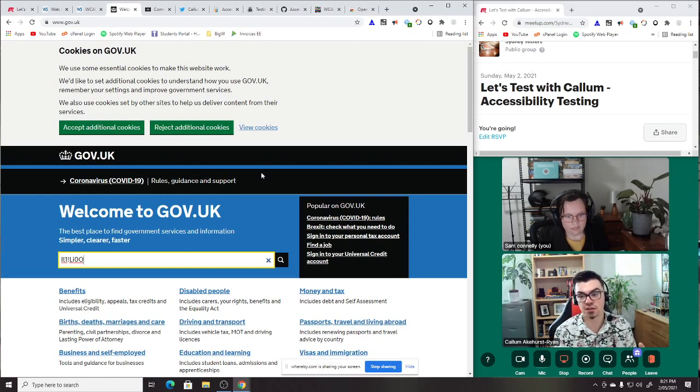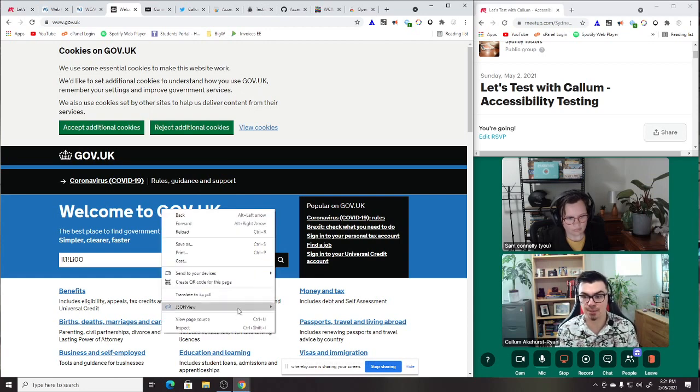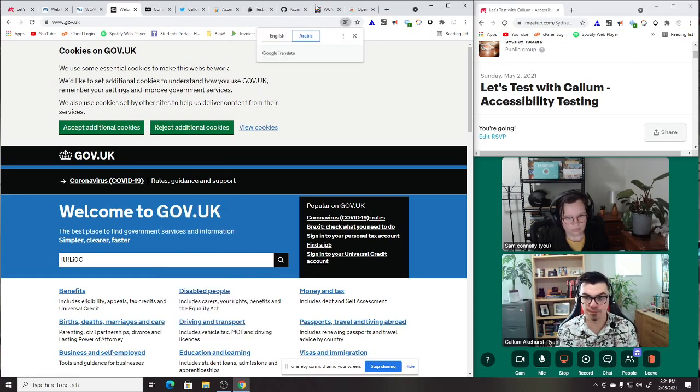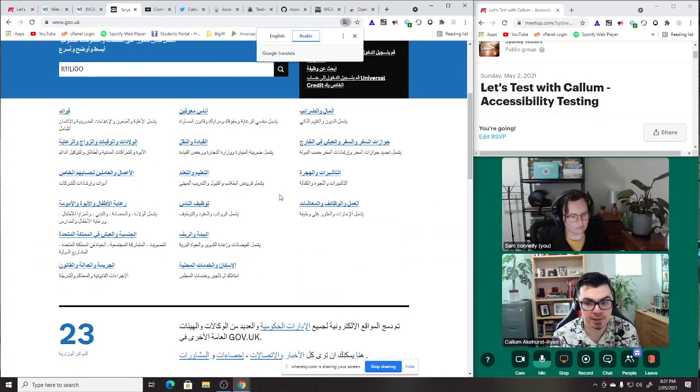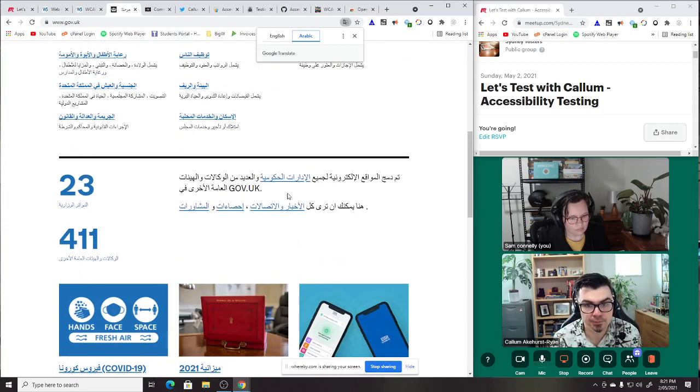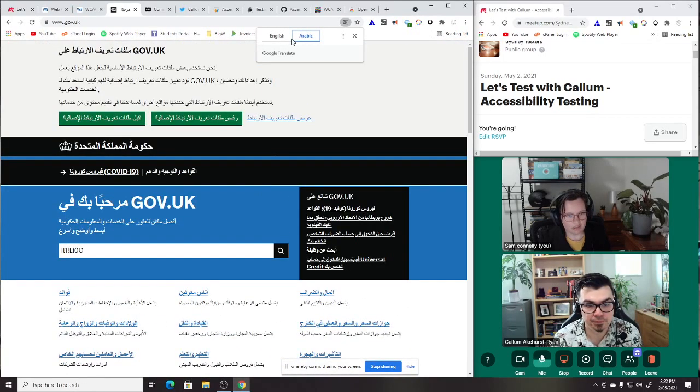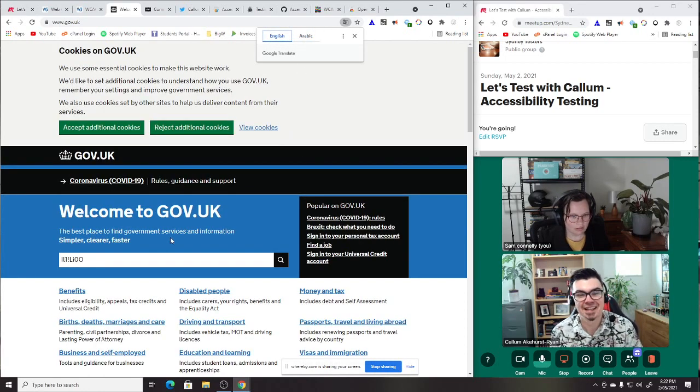We may have to start thinking about our fonts for things like kanji, and Arabic fonts as well. How easy is it to read in those things? I get a lot of Arabic ads because I have an Arabic translation as part of my Google. That's good, and also Arabic is good because it goes right to left as well, so we can start seeing how that works.